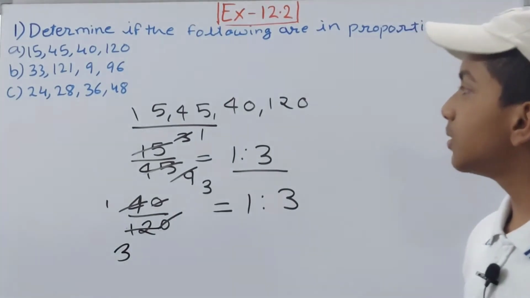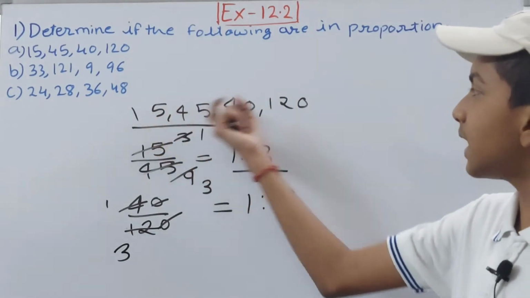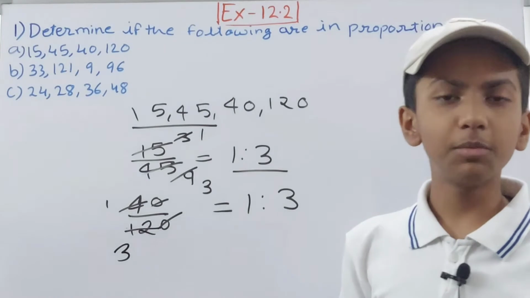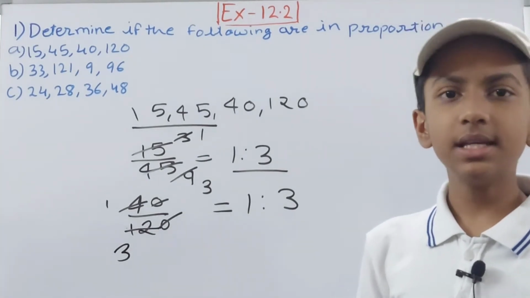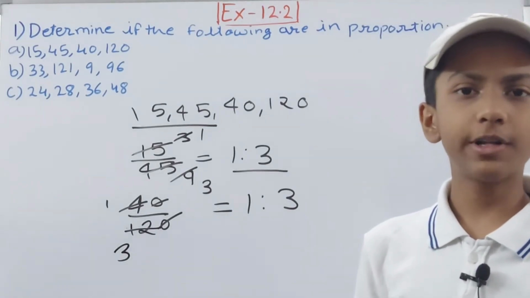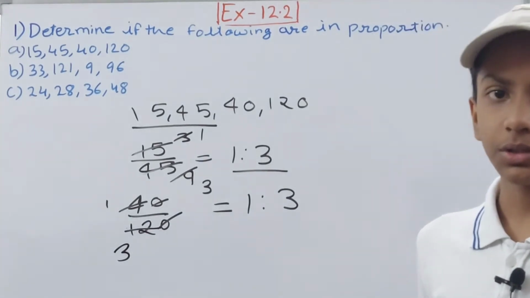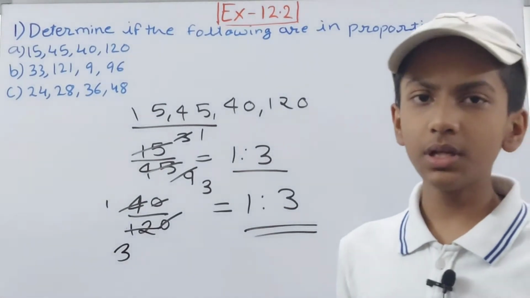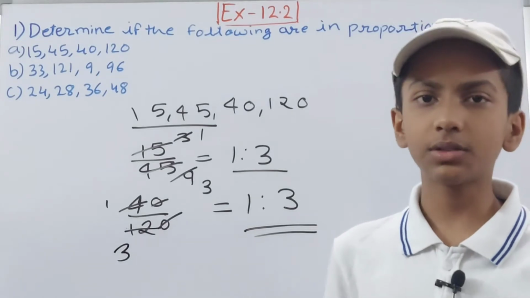Now by this also you can do it by multiplying the extreme terms, that is the first and fourth terms, and the middle terms, the second and third terms. If the product of extreme terms is equal to the product of the middle terms, then the four quantities are in proportion. If it is unequal, then they are not in proportion. So here both of these were coming out as 1:3, so they are in proportion. You can do the second method also by yourself.